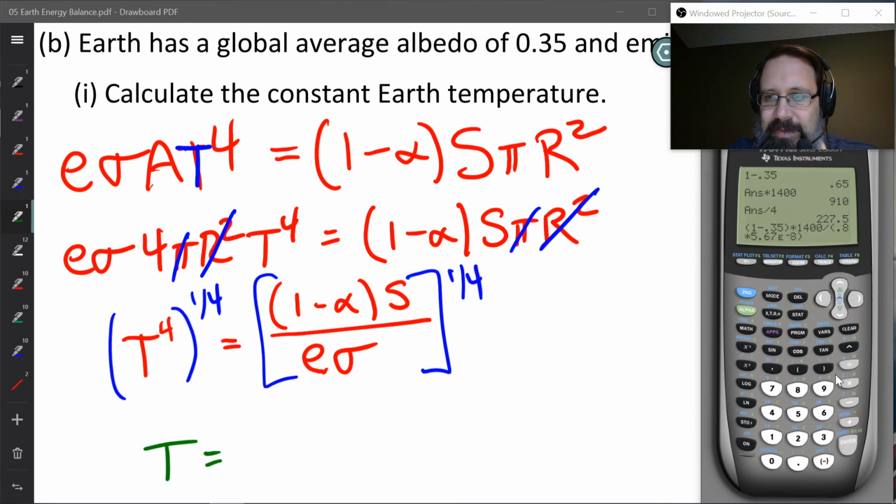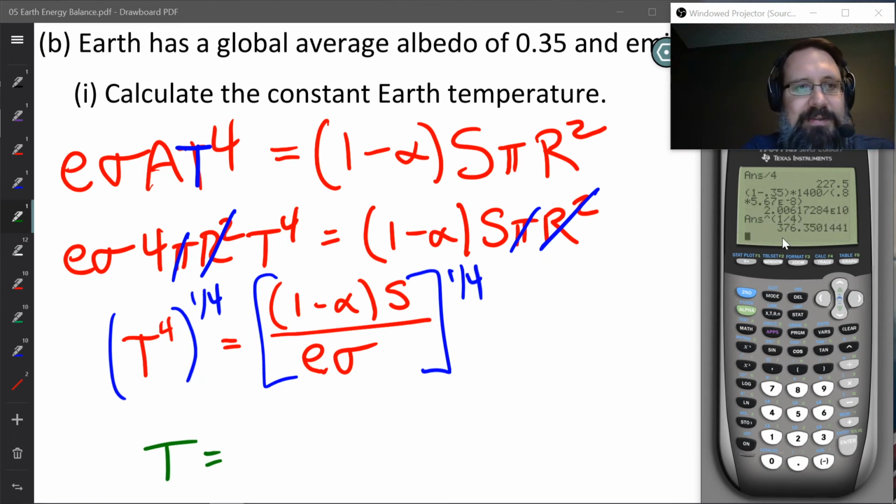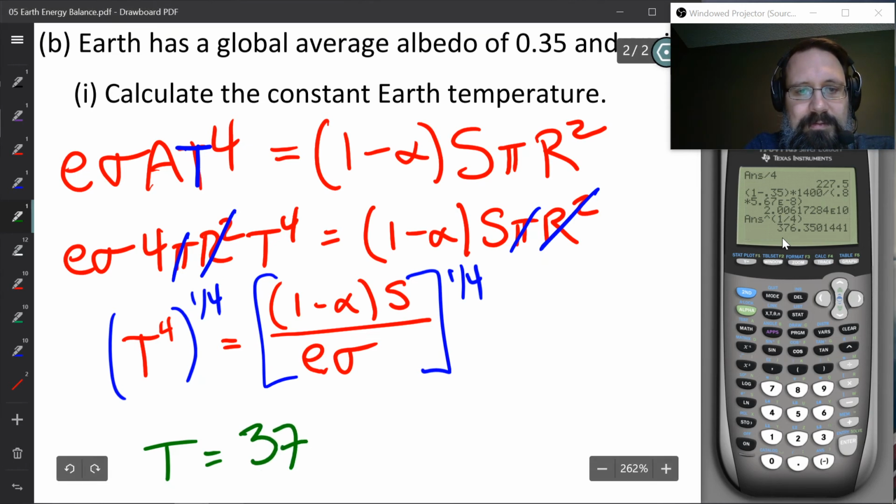Then I'm going to raise that to the 1/4 power, or take the 4th root of it. And then I get that answer, 376. I feel like this is wrong.